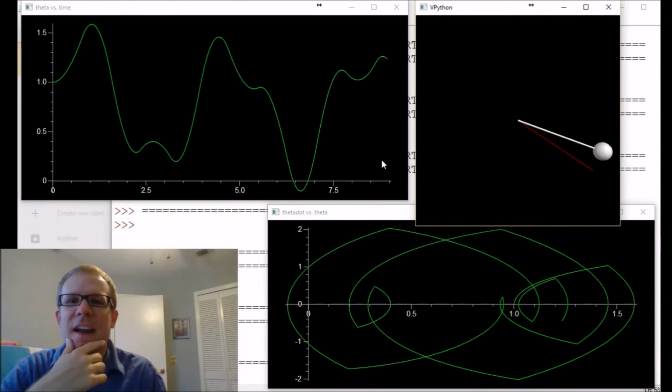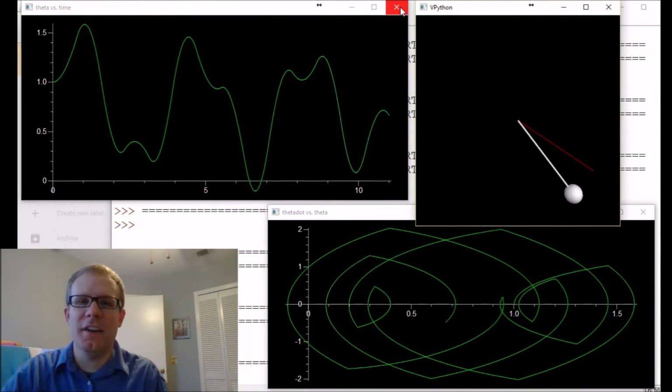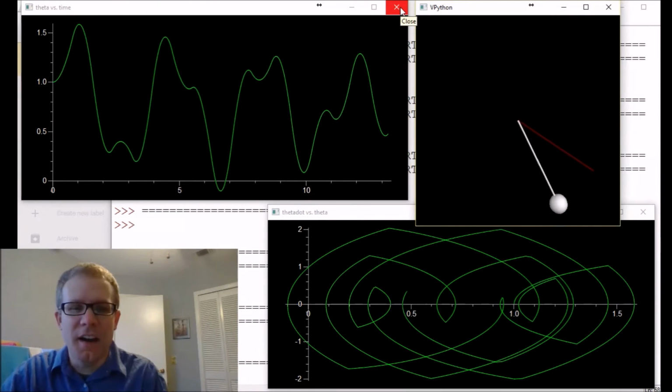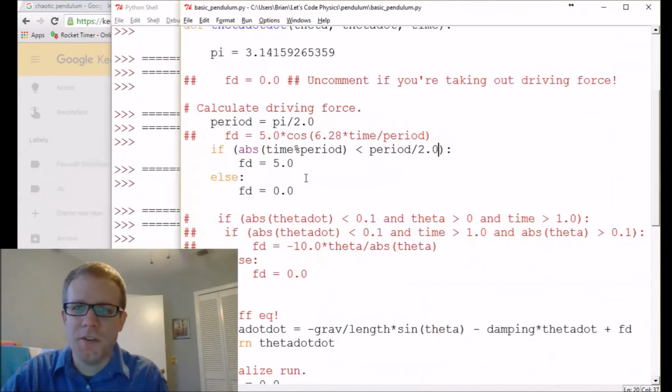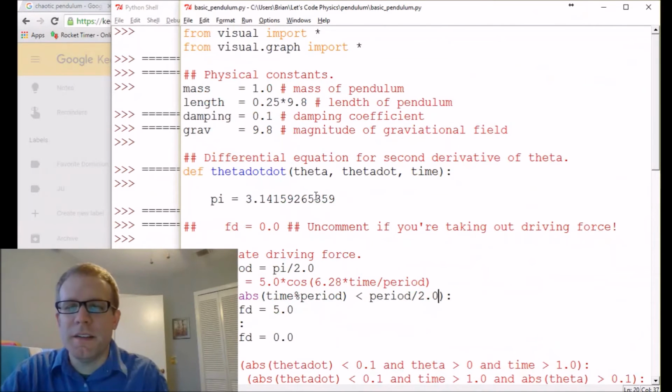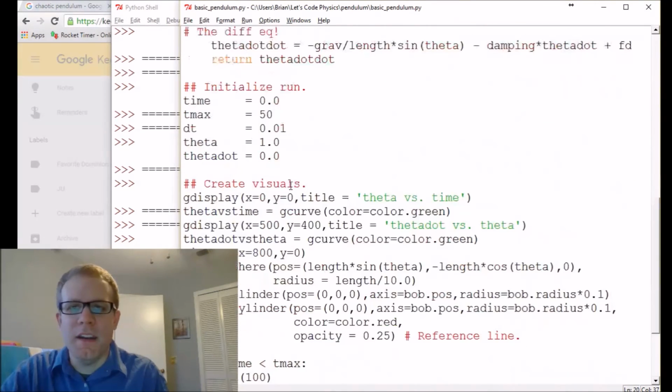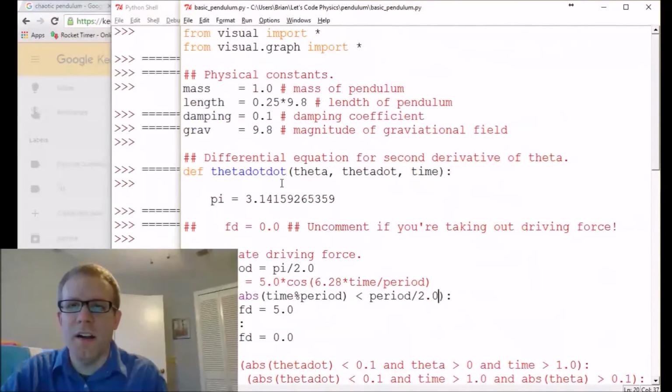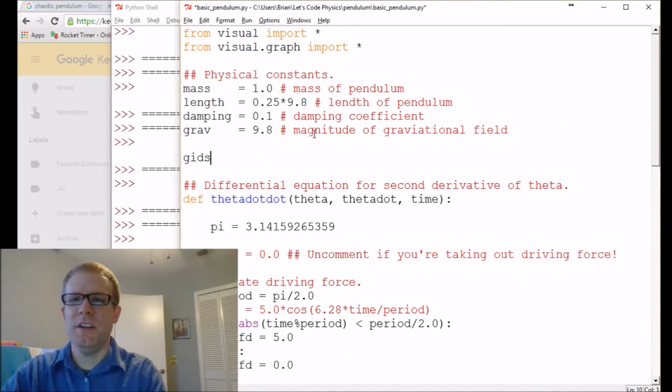Okay, I'm thinking I need to add in, for visualization's sake, a graph of the driving force function. Let's see, how do I want to do that? I think, well, obviously I need to create a new G curve. So let's have a G display.